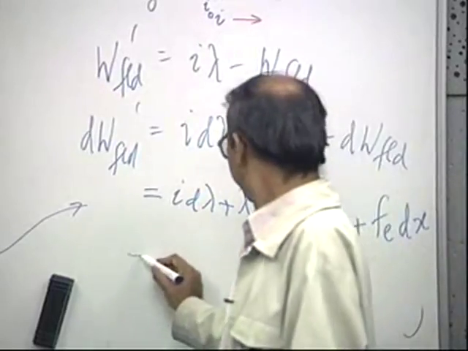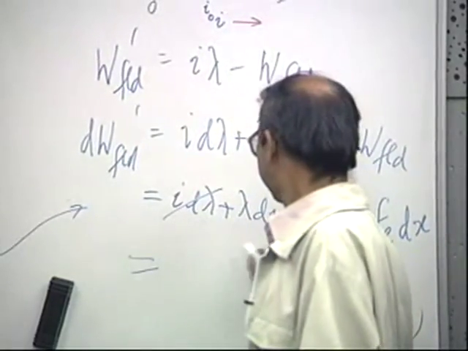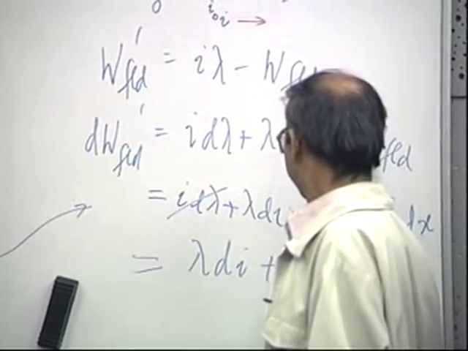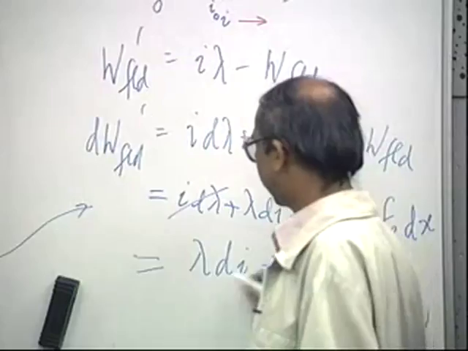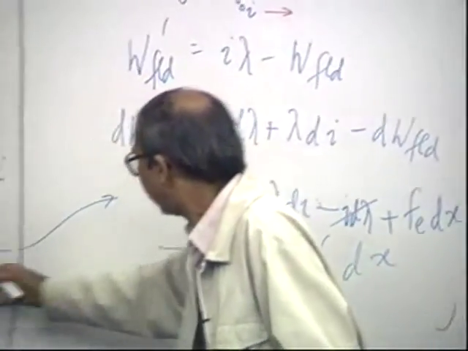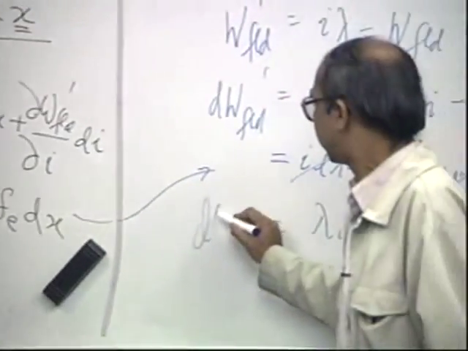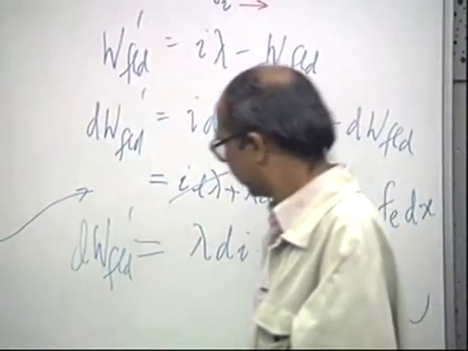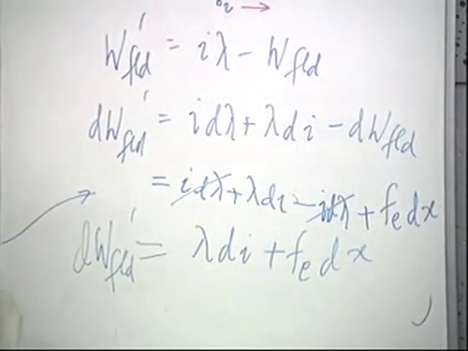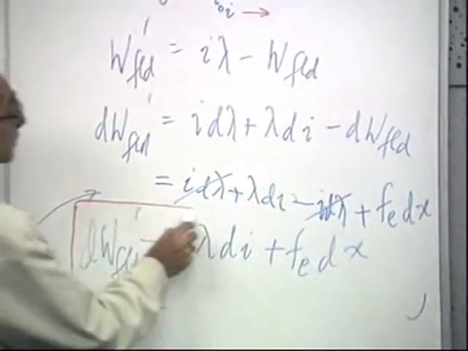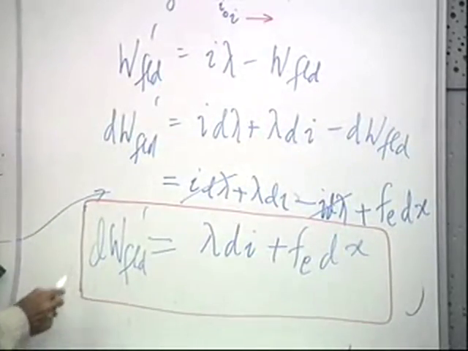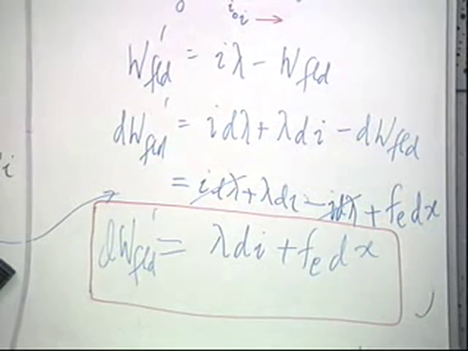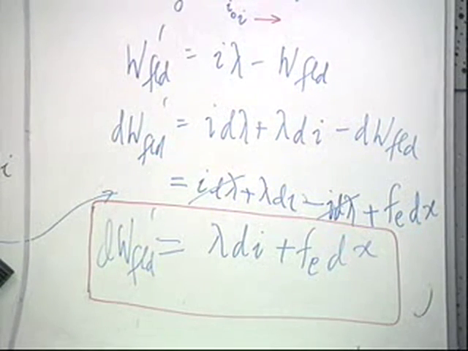So you can simplify this: I d lambda goes, that is lambda di plus Fe into dx. So that is your value of dW field dash.